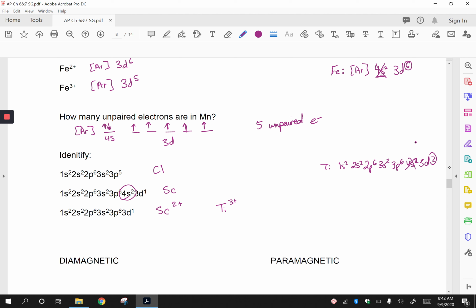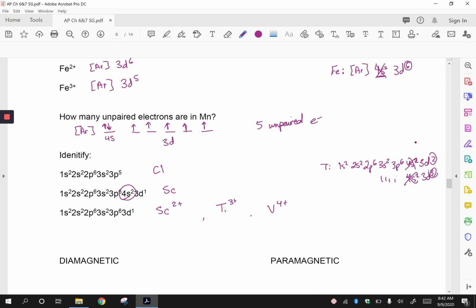Could it be vanadium 4+? Yes, it can, because neutral vanadium would be all of this, then 4s2, 3d3. So if it lost 4 electrons, it would lose those 2, and then 2 of these to make it 3d1, right? So it could be a variety of different things. Most likely it's probably scandium 2+, but theoretically it could be a whole bunch of different things.